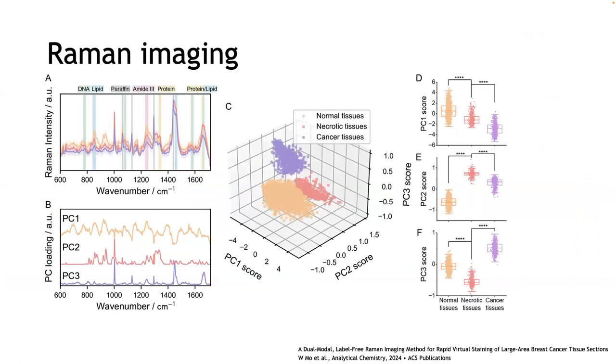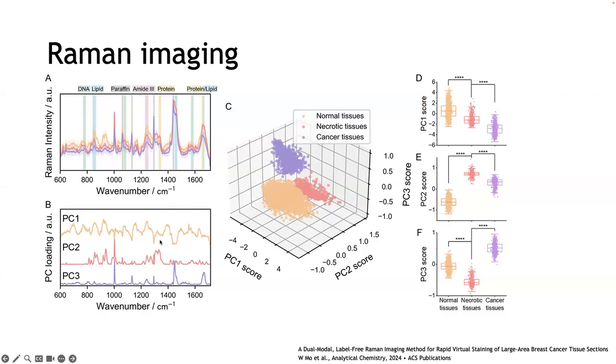This is a recent paper. I'm not involved in this. This is just plain Raman imaging using the intrinsic signal from the tissue. And in this study, different areas of cancerous tissues were imaged, and we can see the different spectra here, different indications of the molecules that are present in the different samples, and then something more complicated than mapping the peaks is needed.